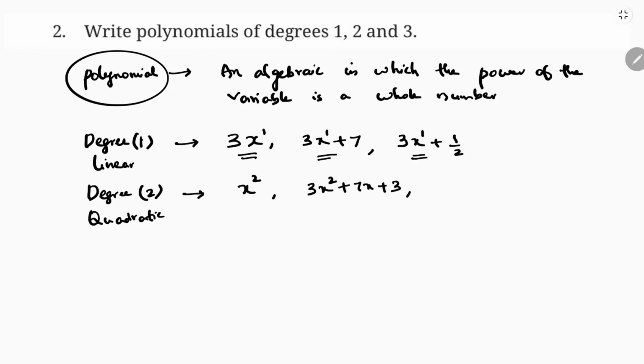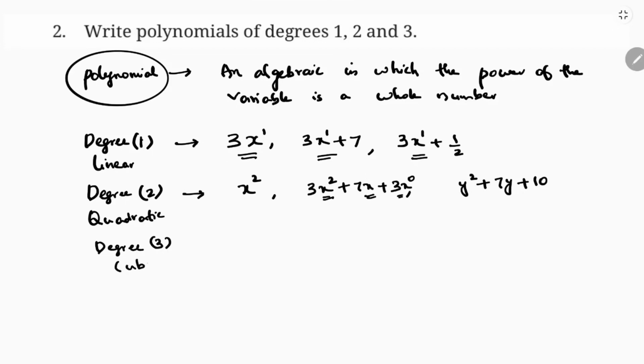Now see here, the highest power is 2, here 1 and here 0 because 3x power 0. So the degree is 2. You can take one more example in another variable, like y square plus 7y, you can leave it, or you can write plus 10. This is degree 2.